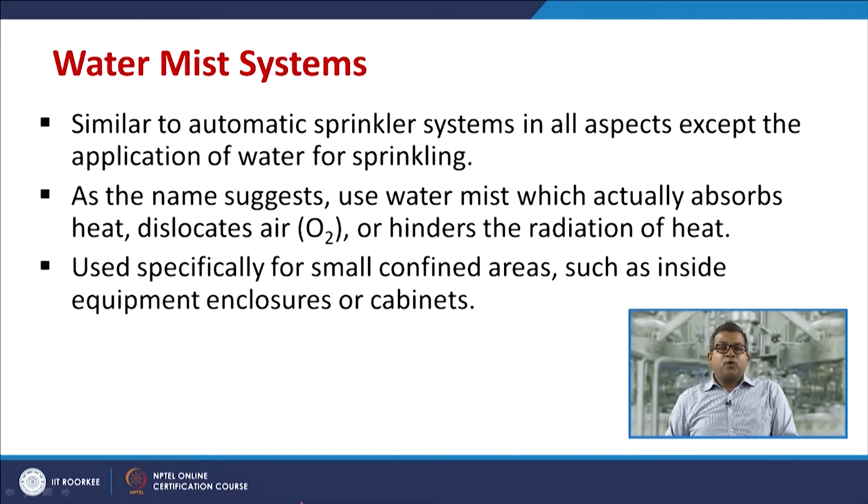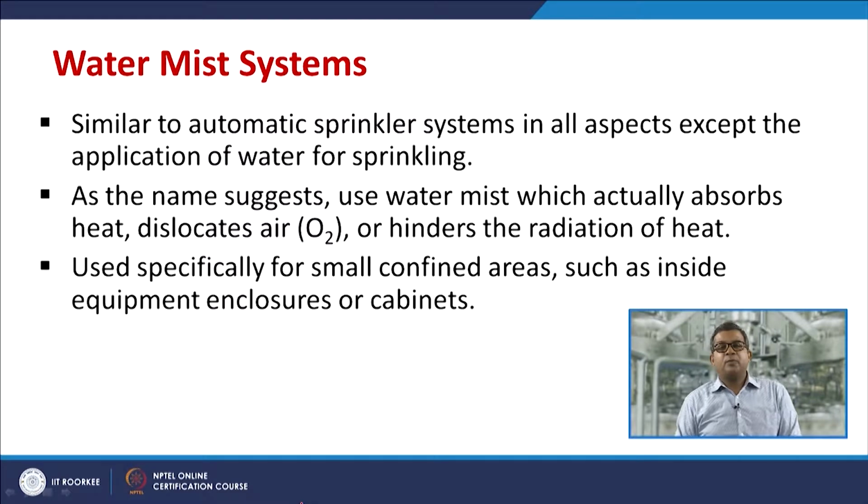Now there are also water mist systems. They are usually similar to the automatic sprinkler system in all aspects except the application of water for a sprinkler. As the name suggests, they use water mist, which absorbs the heat, displaces the air or oxygen, or hinders the radiation of heat.